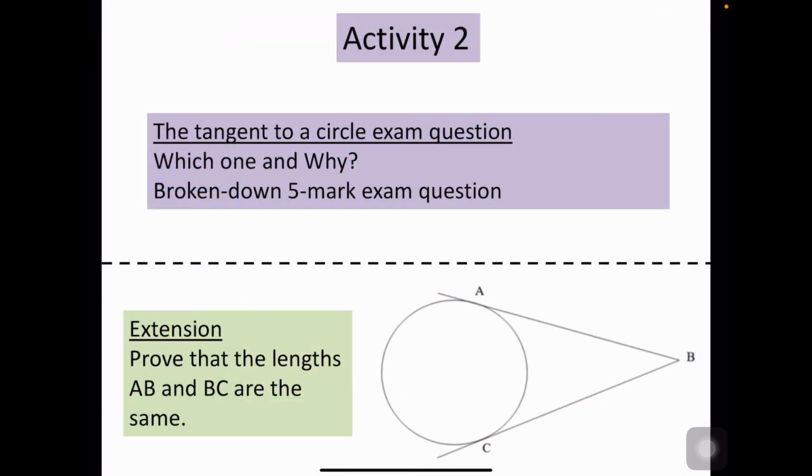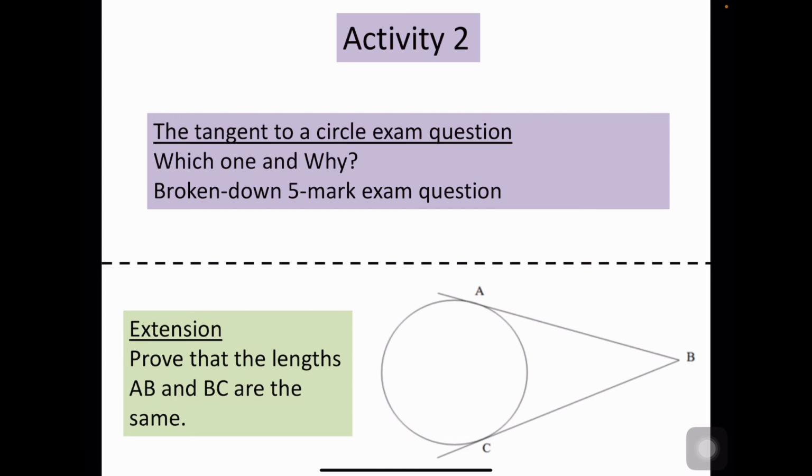So for activity 2, we will be doing a tangent to a circle exam question, and it's quite an interesting question because it's a 5 marker and I've broken it down so you focus on each mark individually. Again, this is the type of question which you may have seen at GCSE.